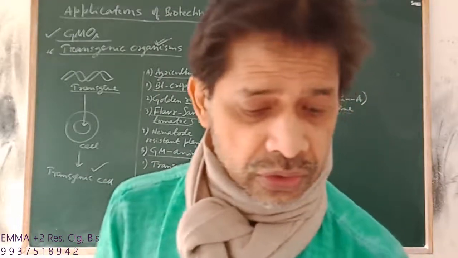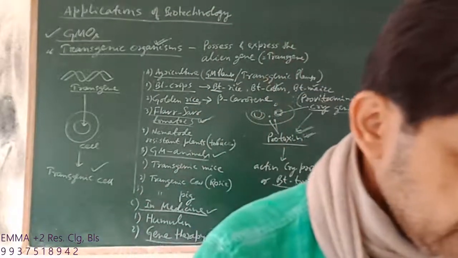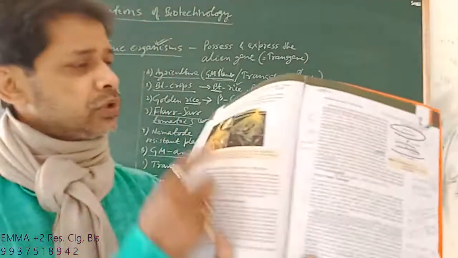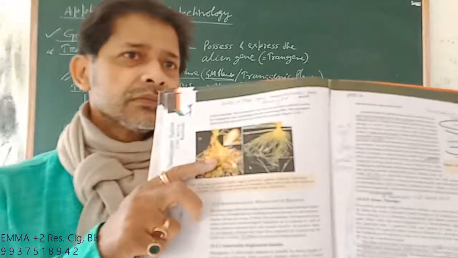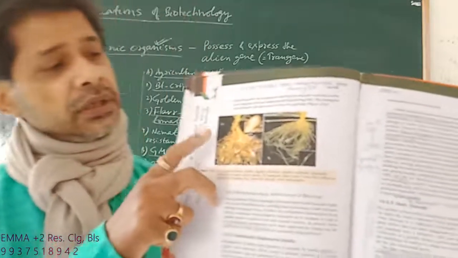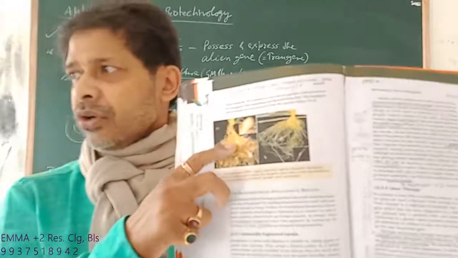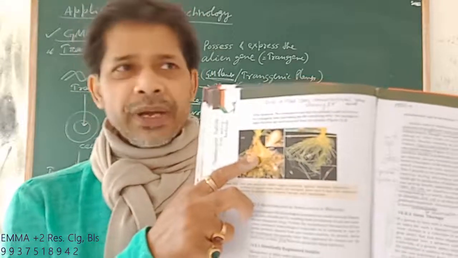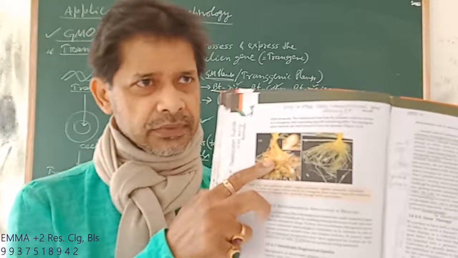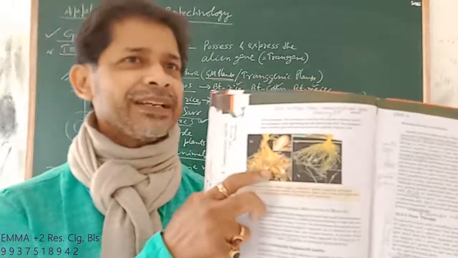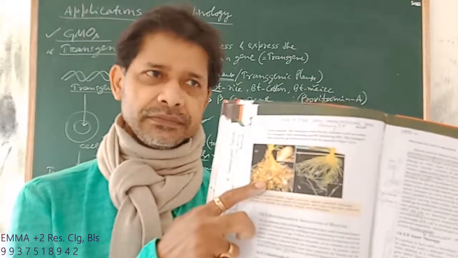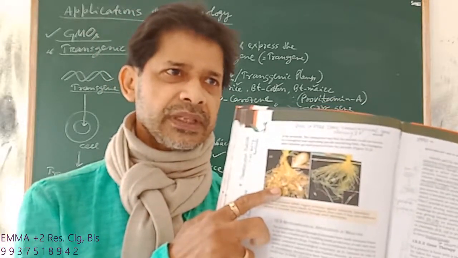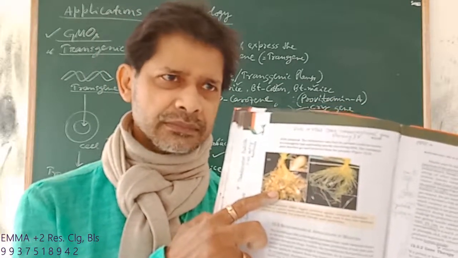You can see in the NCERT book two diagrams given. Clear? This one is a tobacco root system. This is a tobacco plant root system highly infected with a nematode parasite. Nematode means it is a worm, a round worm.